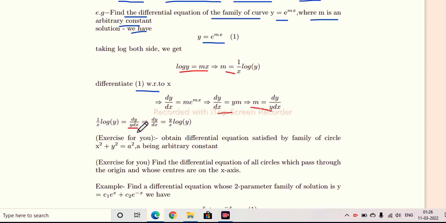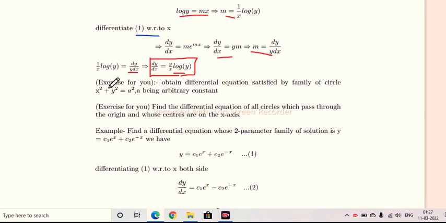Now putting here m equal to 1 by x log y, the right side is dy by y dx. This implies dy by dx equal to (y by x) log y. Now this is the required differential equation of y equal to e to the power mx.